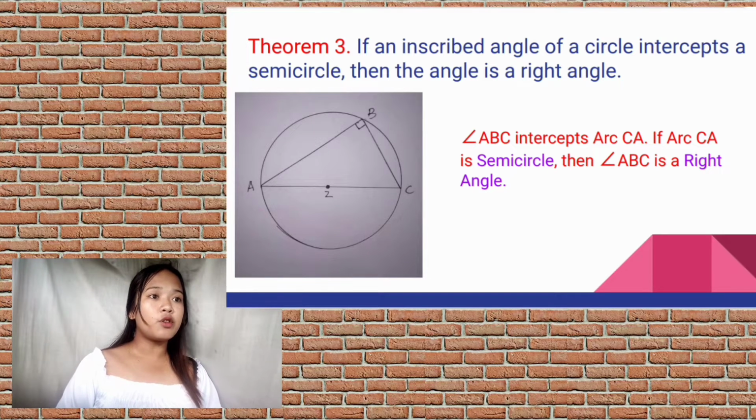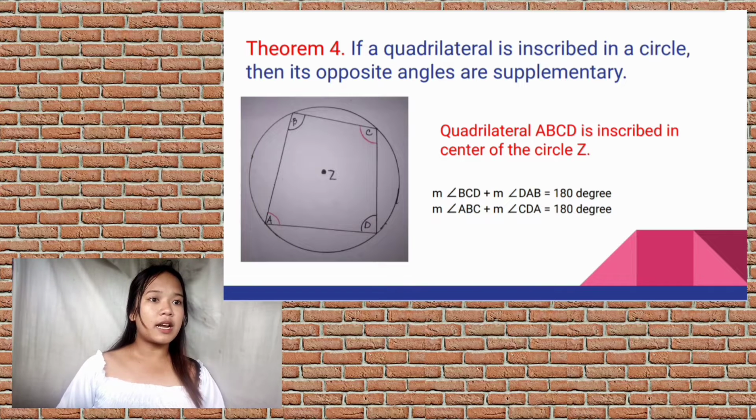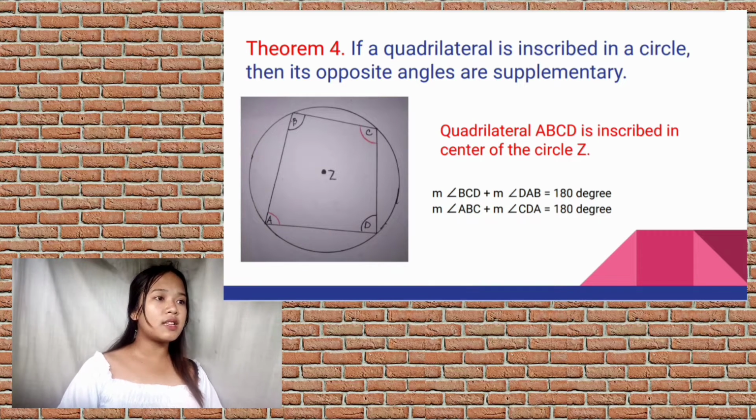Then theorem 4. If a quadrilateral is inscribed in a circle, then its opposite angles are supplementary. So quadrilateral ABCD is inscribed in circle Z. We can say the measure of angle BCD plus the measure of angle DAB is 180 degrees.